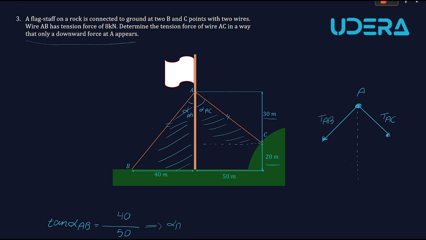Alpha AB is nothing but arc tangent of 40 over 50, which is 38.66 degrees. So alpha AB is known.